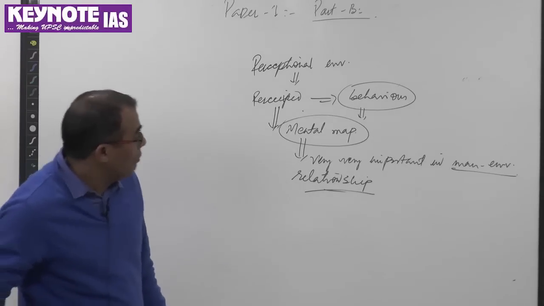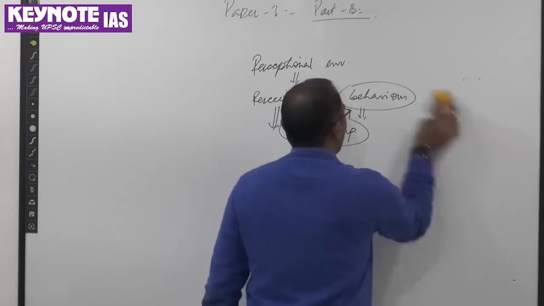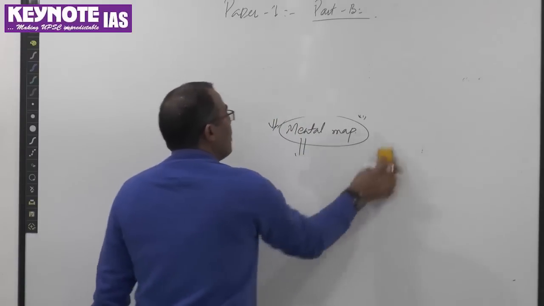Now, if you look at the mental map, imagine करो तुम खुद अपने बारे में कभी भी इस तरह से सोचोगे.